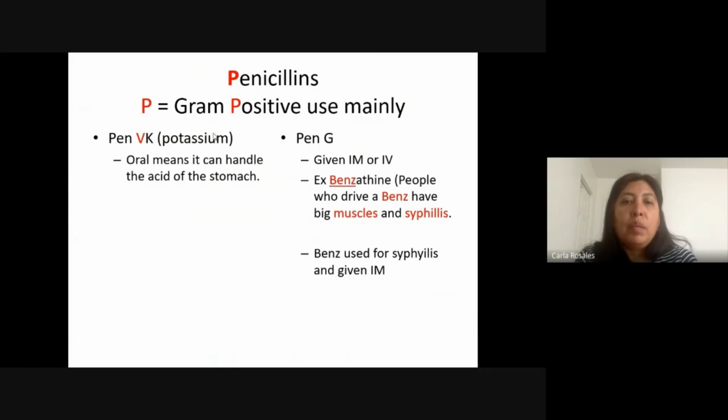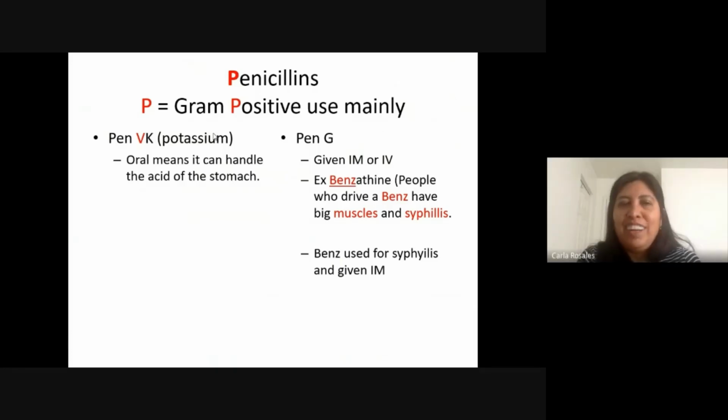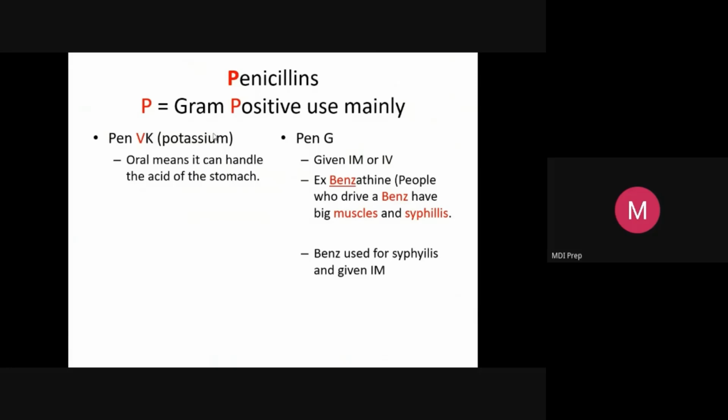We can give it just intramuscular to cure the syphilis. But if we have a patient with big allergies to penicillin, we have to give a different kind of antibiotic. Very good. Perfect. You did that one wonderfully.